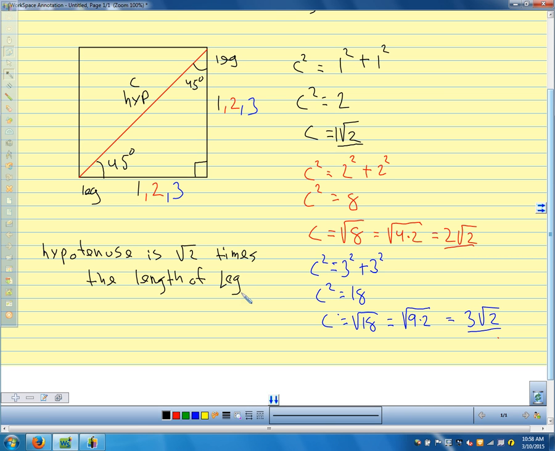And what we're going to do is make a nice diagram showing how this works in just a second, after we talk about the 30-60-90 triangle. So for a 45-45-90, the hypotenuse is always square root of 2 times the length of the leg, no matter what the length is, because of the Pythagorean theorem. All right. So that's our first special right triangle.